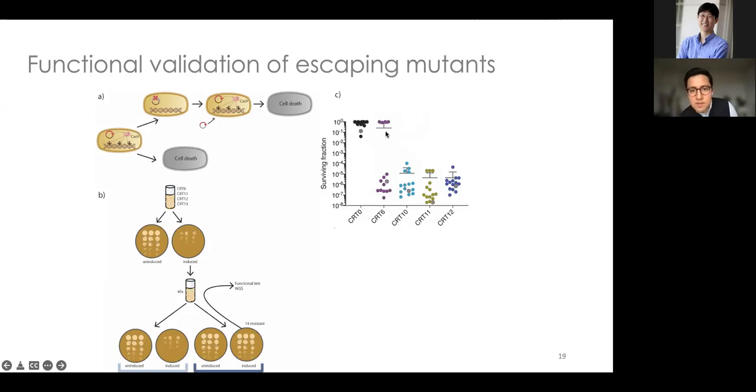So what we saw was that the other targets, the ones with multiple targets in the chromosome, would be sensitive again to the CRISPR-Cas antimicrobials, while for this specific target, which is found only 1 time in the chromosome, some of the colonies that we collected were still able to escape this killing.